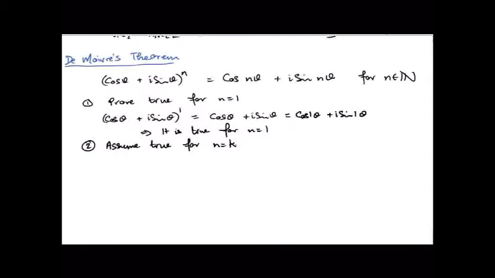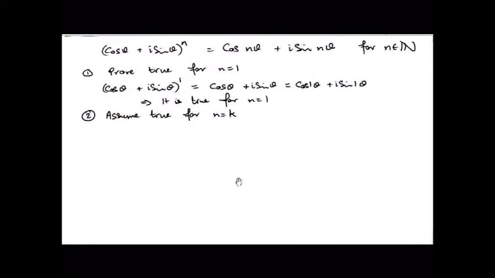So what exactly am I assuming here? I'm assuming that cos theta plus i sine theta to the power of k is equal to cos k theta plus i sine k theta.